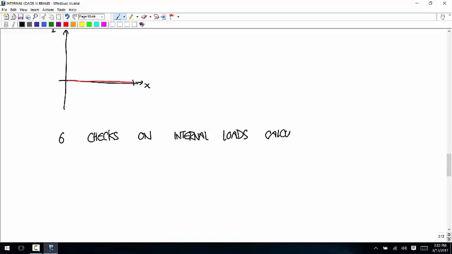Obviously, if you're pushing down on that, well, these internal load calculations don't have anything to do with the cross section. That doesn't come into it at all.